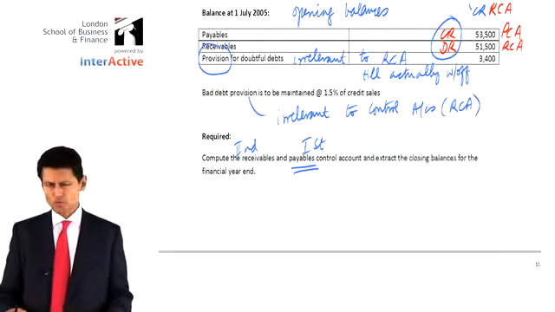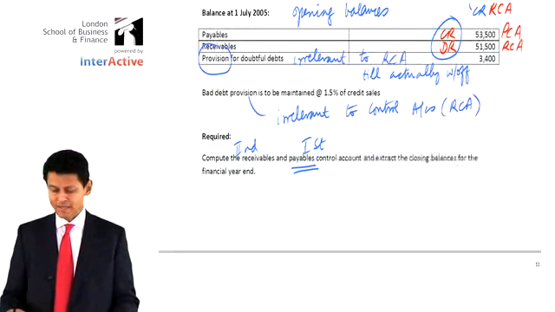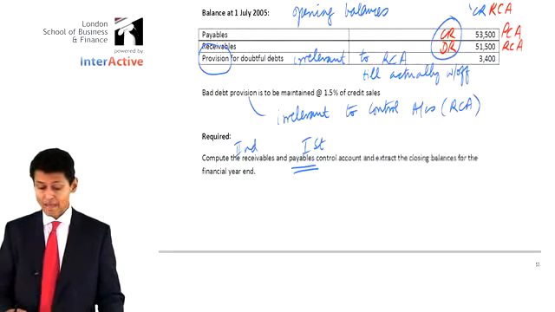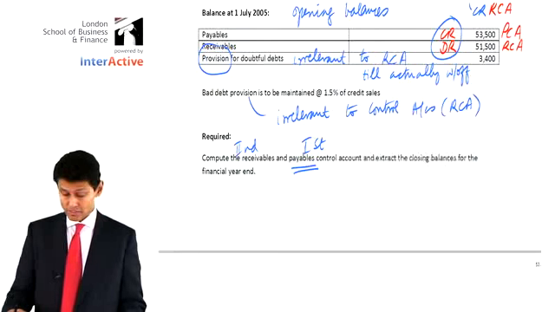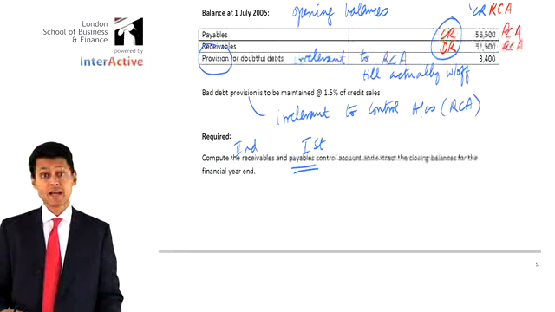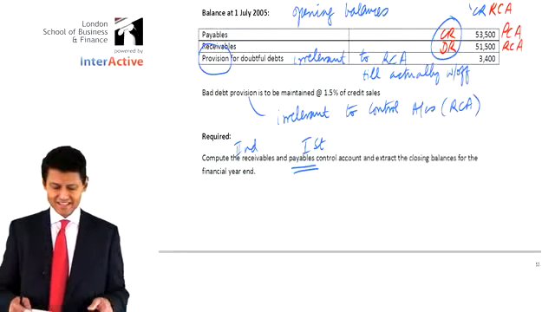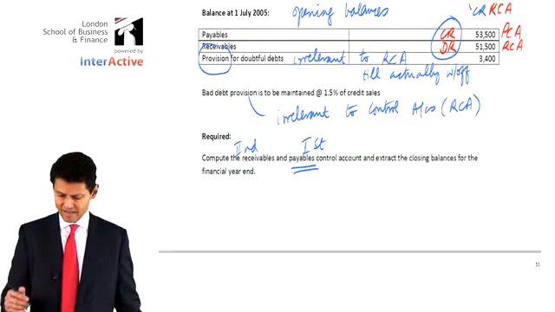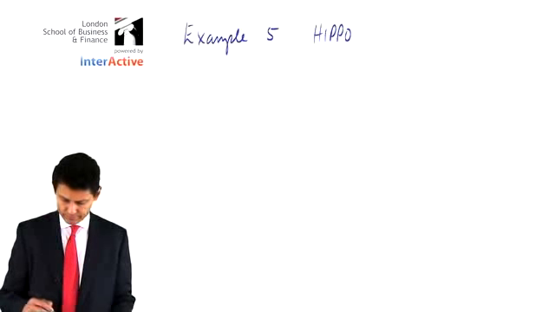We have to be extremely careful here, because the payables control must not be mixed up with the receivables control. The only time it's connected is when we have this item called contra. Very easy, really, if you're careful.